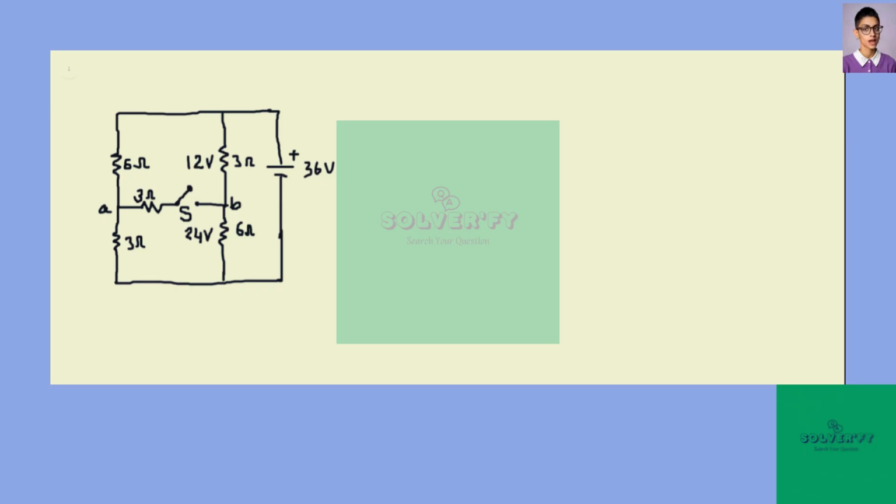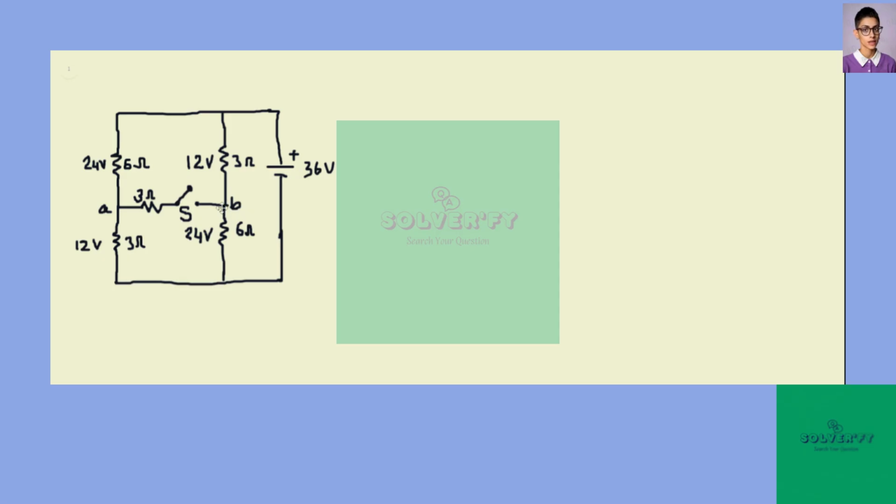Similarly, for the 6 ohm, the voltage should be how much? Since the ratio is 2:1, this should be 24 volts, and the 3 ohm should have 12 volts, right? Now if you look at the figure, this point here has 36 volts and 12 volts in between here.